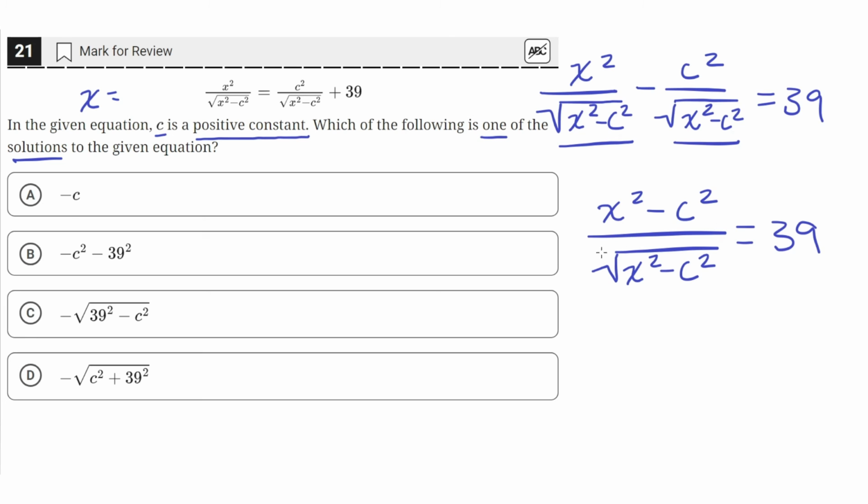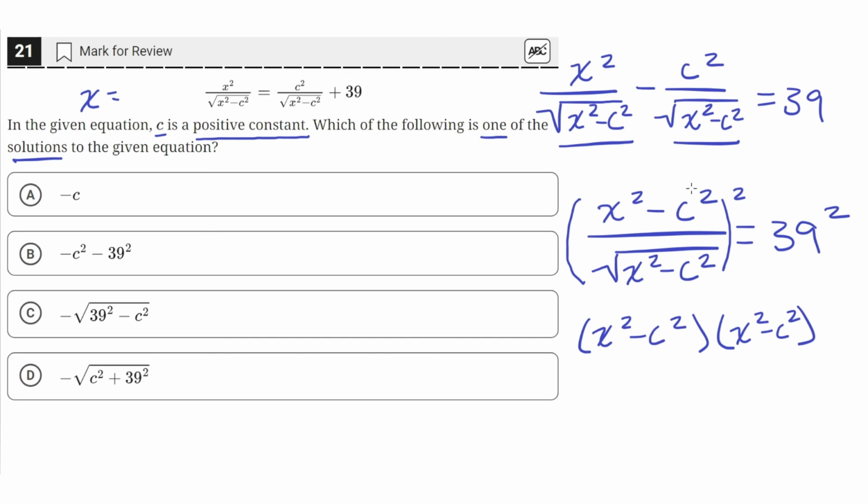Okay, now let's get rid of this square root in the denominator, and we can do that by squaring both sides. So we'll square this and we'll square this. Since we're squaring both sides, this equation still remains true. Okay, so x squared minus c squared, whole squared. This is the same as just writing x squared minus c squared times x squared minus c squared, since that's what an exponent of 2 does.